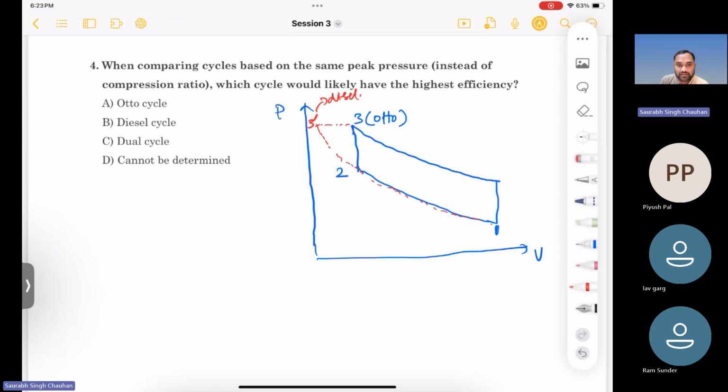So for which cycle will the efficiency be maximum? Diesel cycle. Yes, diesel cycle, because heat rejection is the same. The only thing that is changing is the heat input. Diesel cycle. You can also make a TS diagram and check.